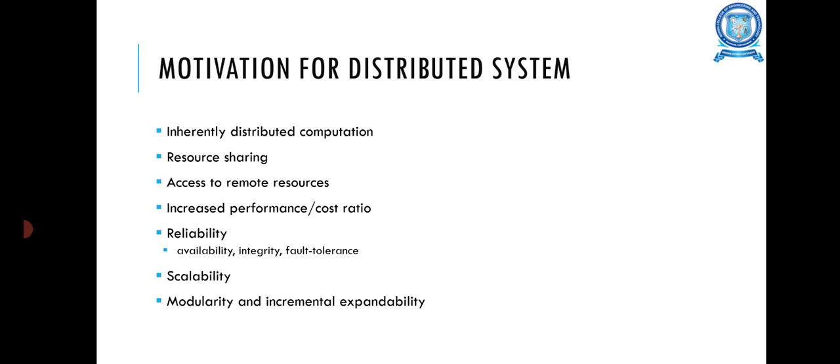Next one is reliability. That means if one machine crashes, the system as a whole will still survive because they are independently connected. So it gives higher availability and improved reliability. Next one is scalability. Scalability is also involved in the distributed system. Next one is modularity and incremental expandability.